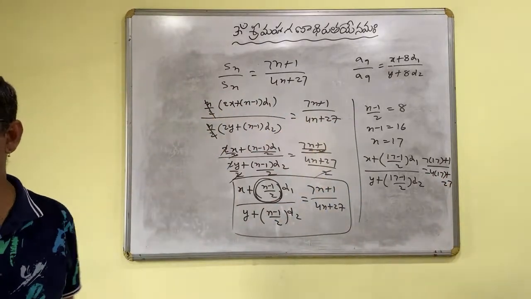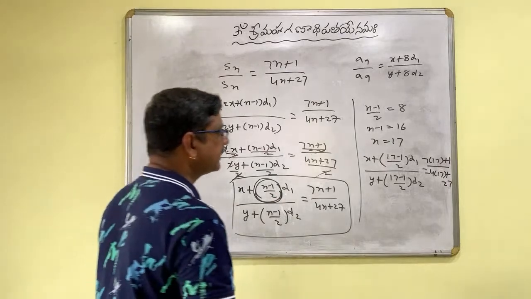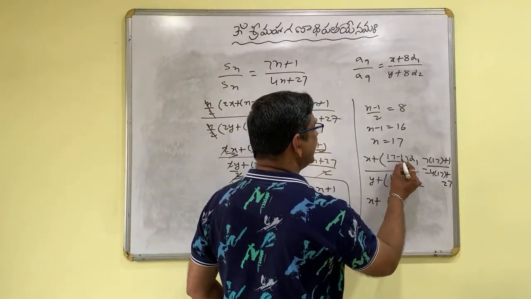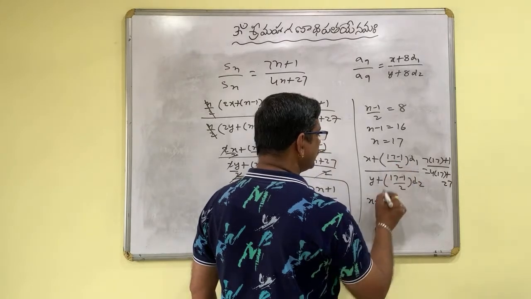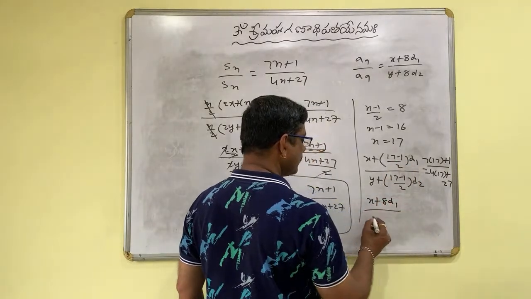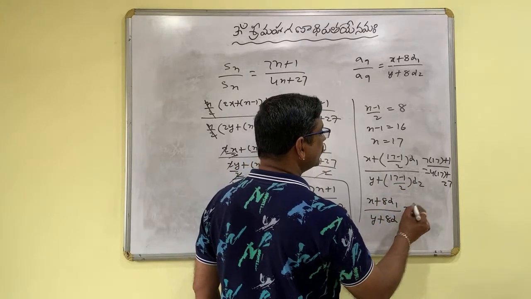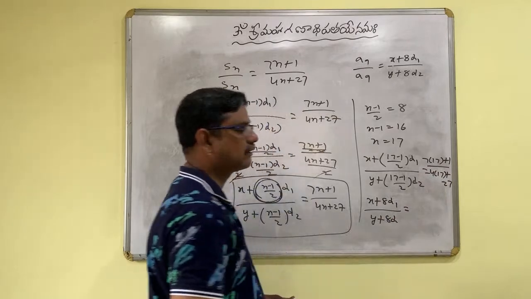Simplify that. x plus 16 by 2, 8 d1, y plus 16 by 2, 8 d2 is equal to 17 sevens are.